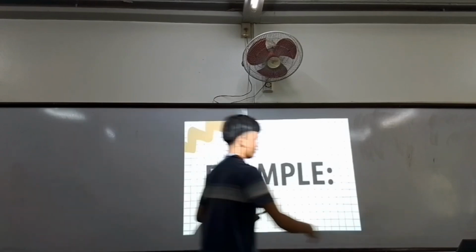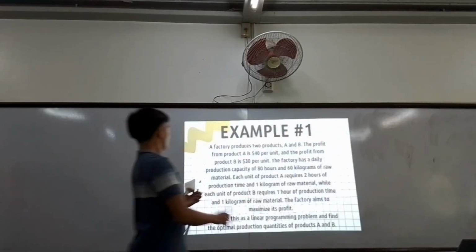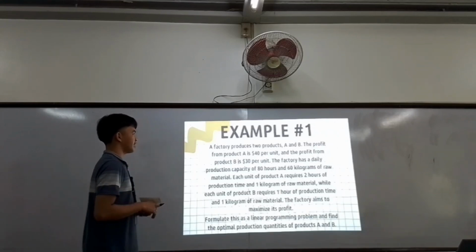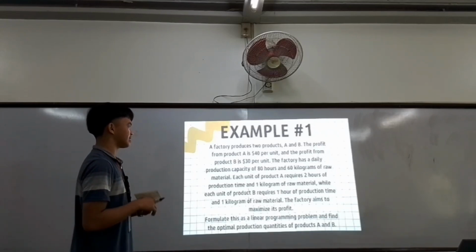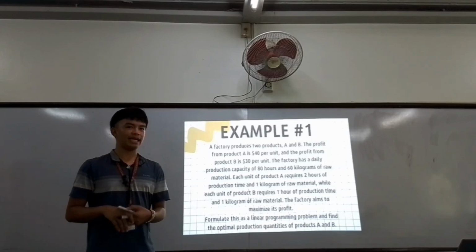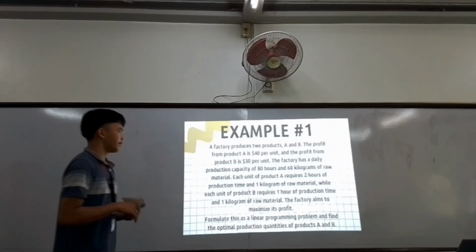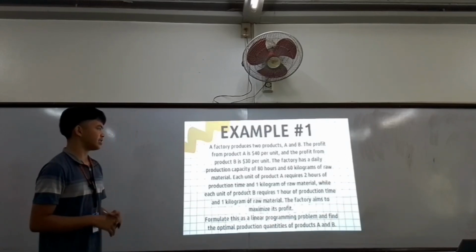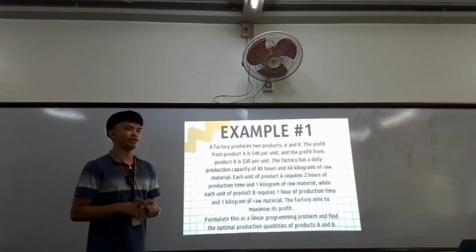For example number 1, we have a factory that produces two products, A and B. The profit from product A is $40 per unit and the profit from product B is $30 per unit. The factory has a daily production capacity of 80 hours and 60 kilograms of raw material.